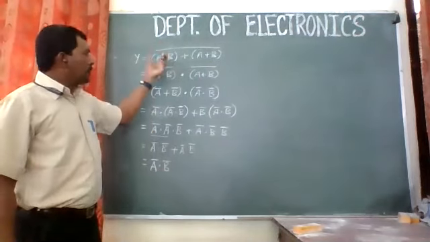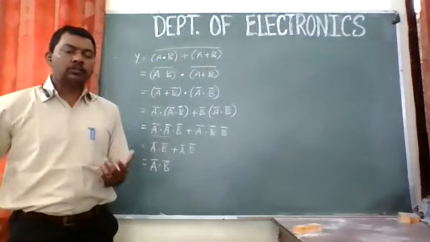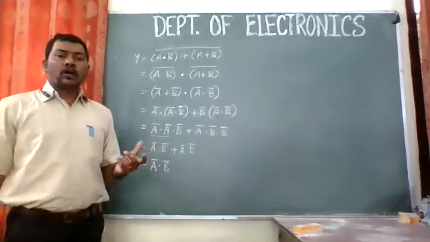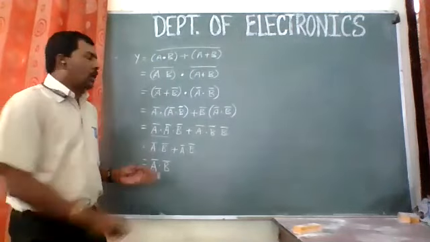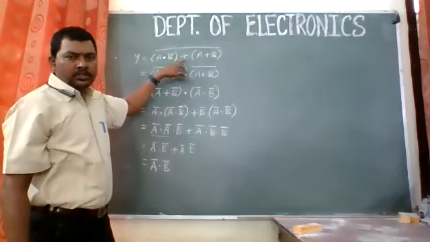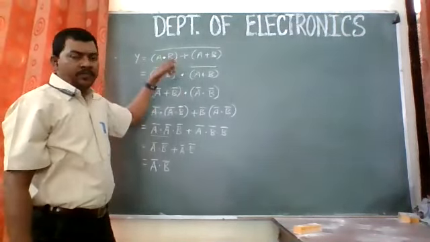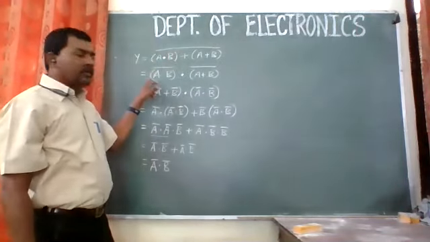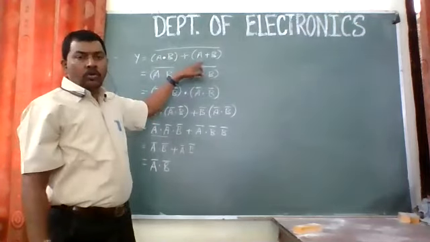So for that, we have considered this as one term and this as another term. By using De Morgan's theorem, that is, the complement of the sum is equal to the product of the complements, I am splitting these two terms like this, changing this plus sign to the dot sign, right? And I'm also taking the complements. So we will have A dot B whole complement dot A plus B whole complement.